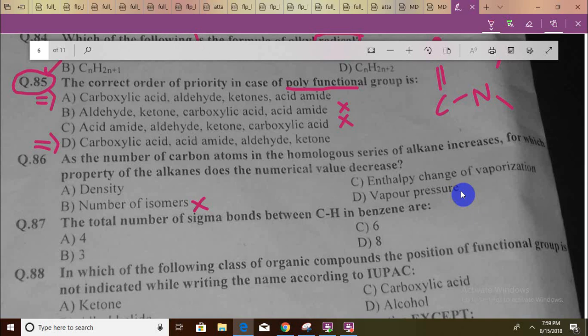At any temperature, the vapor pressure should be less. So this is the option. Enthalpy change of vaporization should increase, and so should the density. But the vapor pressure ought to decrease because the intermolecular forces are increasing. Again, good idea to look at the alkanes topic, see if there's anything in the physical properties.